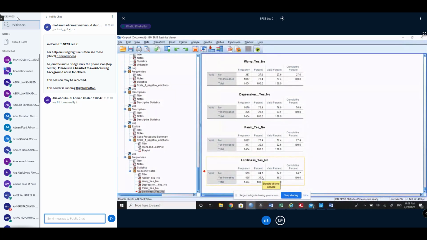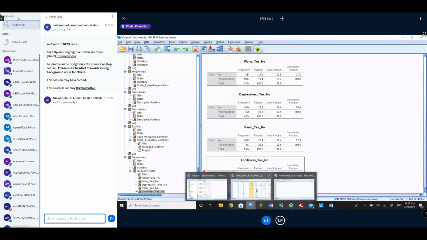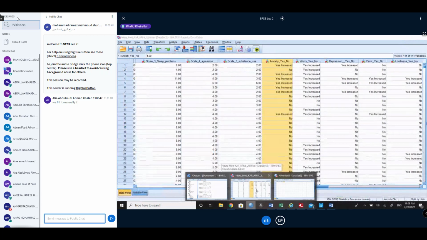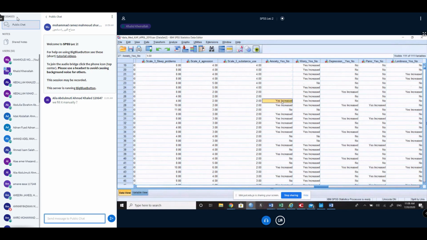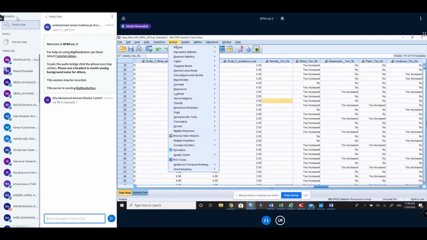Now, let me just give you an example of what's going to happen when we have missing data. So let's go to the data set, highlight all these, and delete them. Delete some of these values here, and do not save it. Just go to Descriptive Statistics, Frequencies.